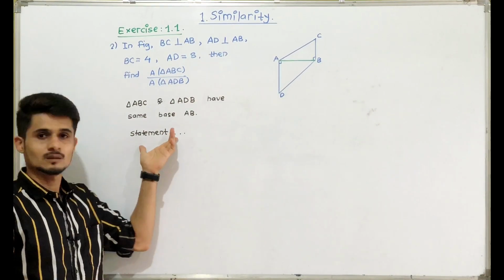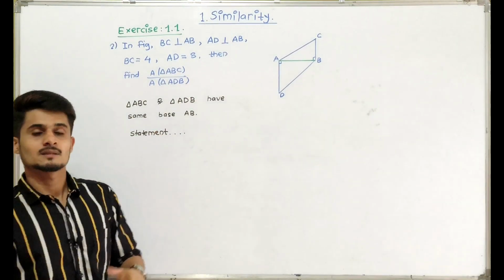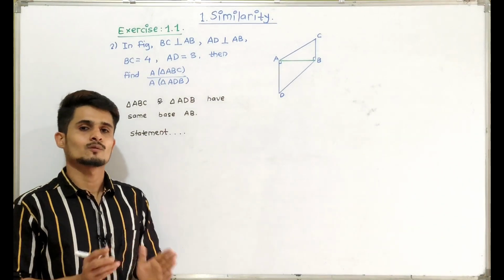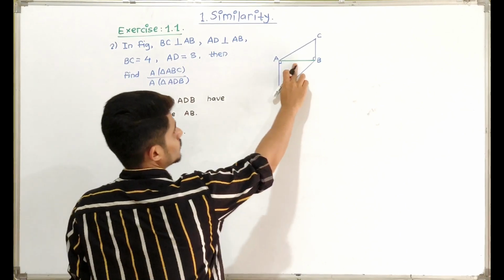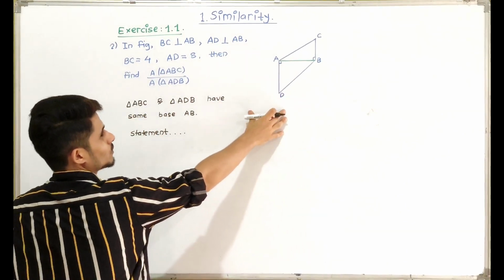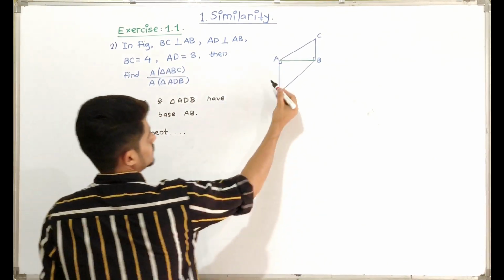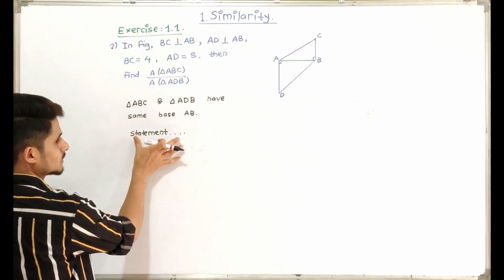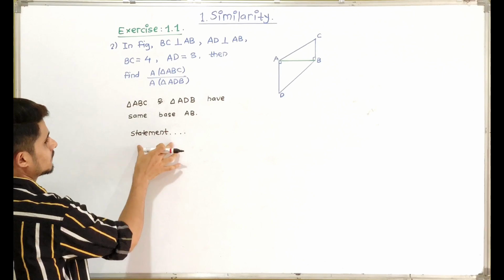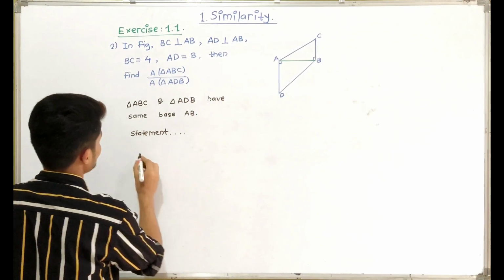After writing this, we'll write the statement of our third property, that is, the ratio of areas of two triangles with equal bases is equal to the ratio of their corresponding heights. After writing the statement, we'll solve it.